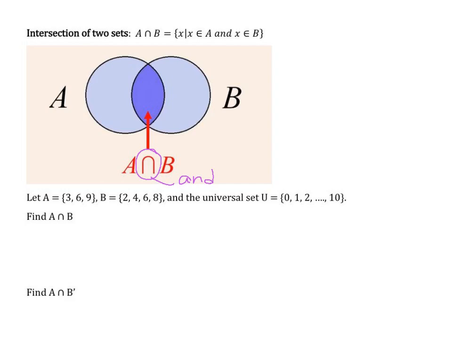They don't have 2 in common. They don't have 3 in common. They have 6 in common, it looks like. So the only number they have in common is 6. So A intersect B is the set {6}. 6 is the only number that they have in common.